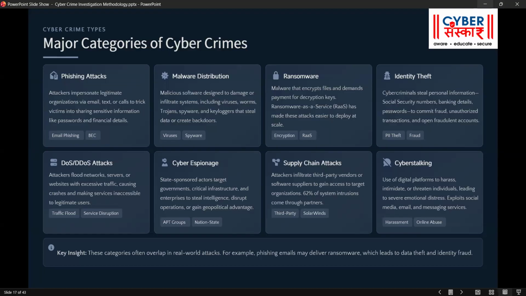And cyber espionage is usually done by the departmental persons themselves. Sometimes whenever data is transferred from one place to another, it is intercepted in between in the air itself.